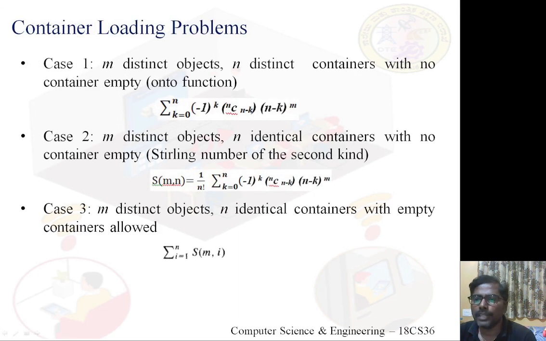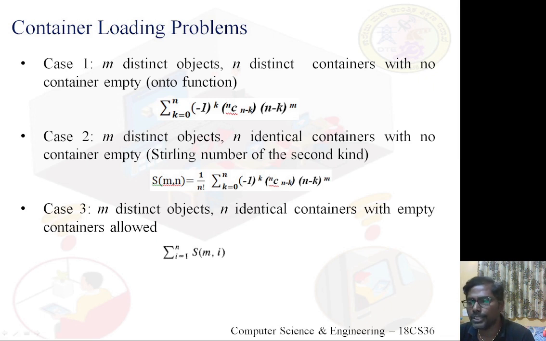Now, coming to container loading problems. See here, you will be given some m distinct objects, m different objects, m unique objects, and you will be given n containers. There are two cases.